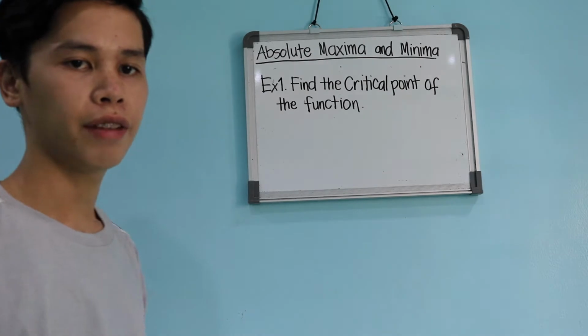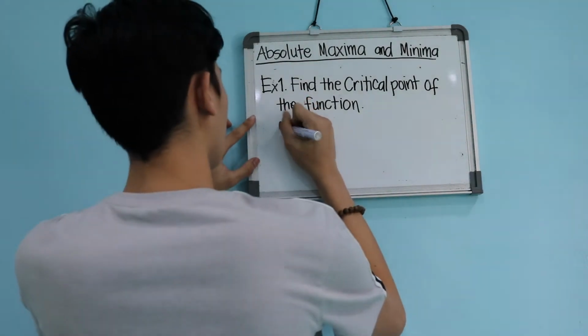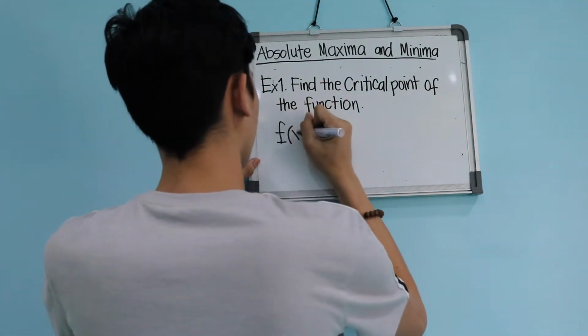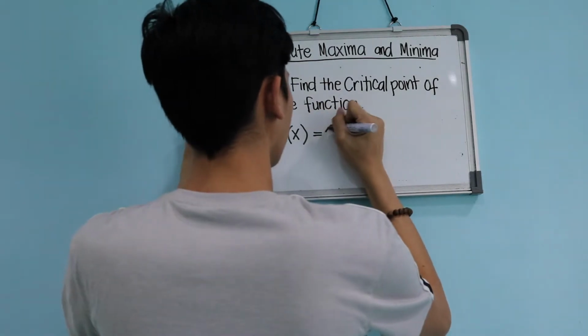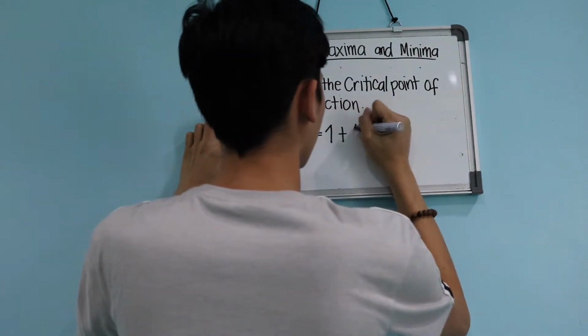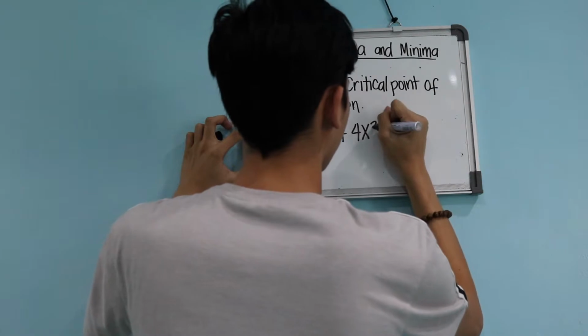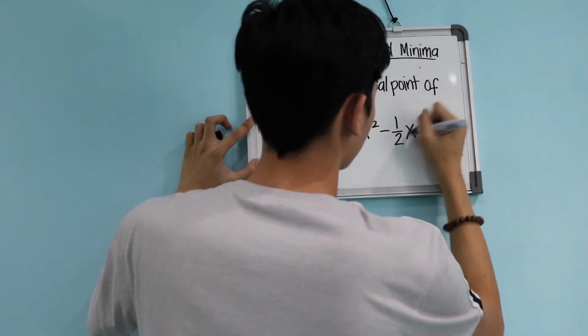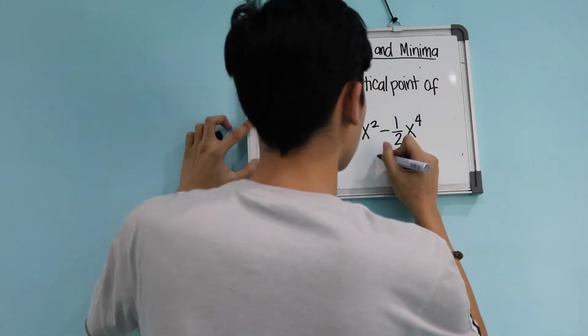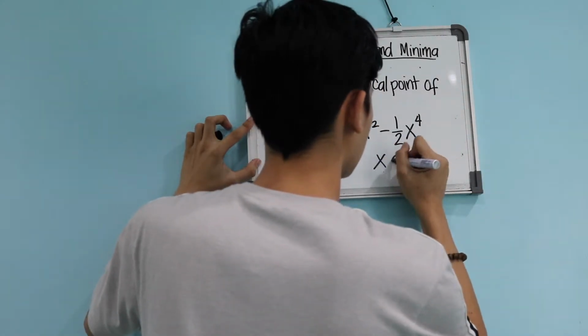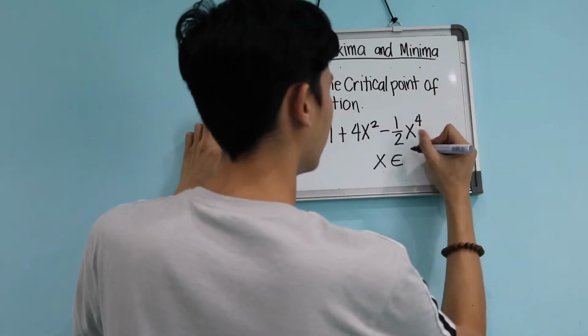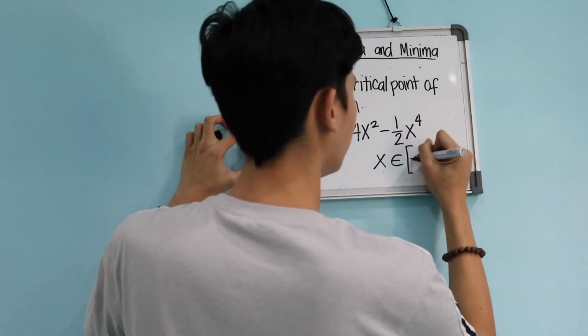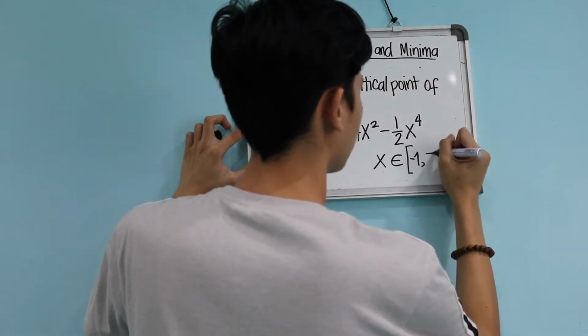So here we have example number 1, f of x is equals to 1 plus 4x squared minus 1/2 x to the power of 4, as x has the range or interval of from -1 to +3.